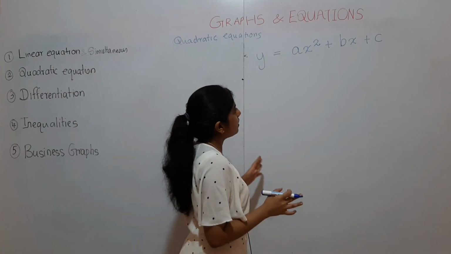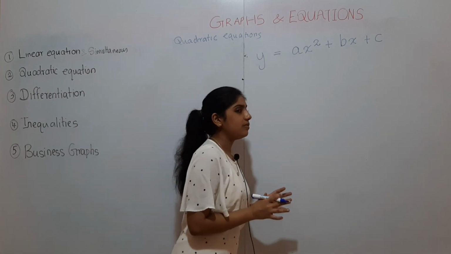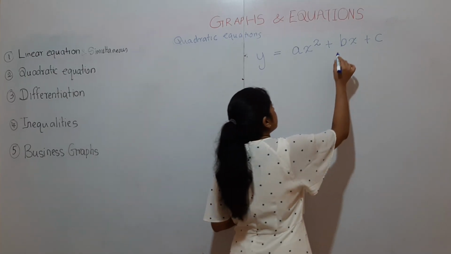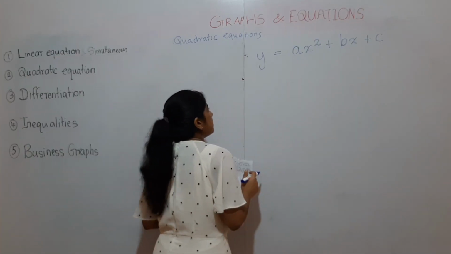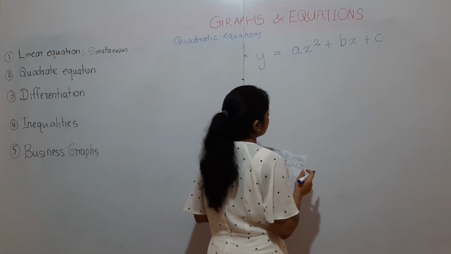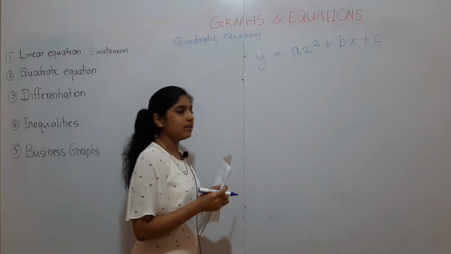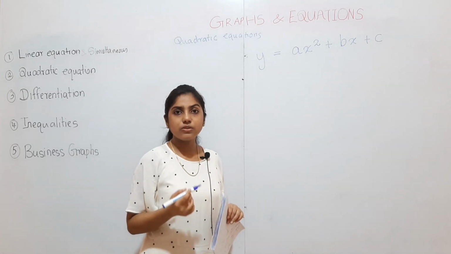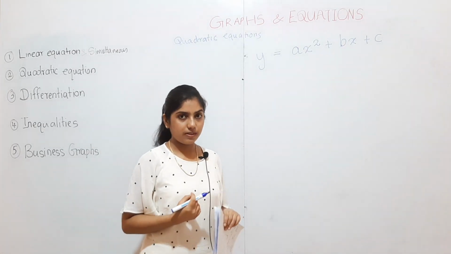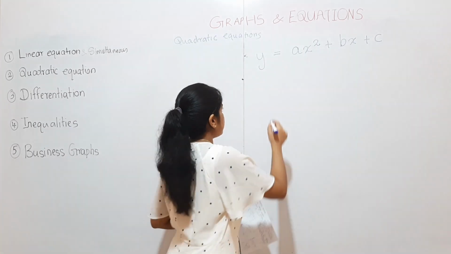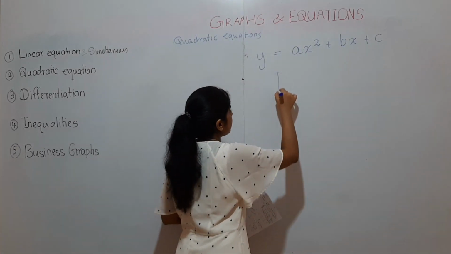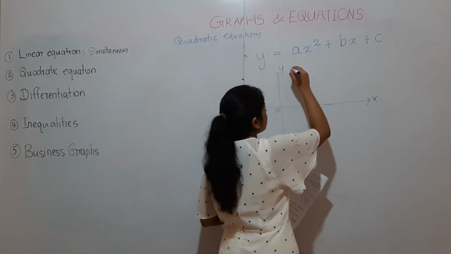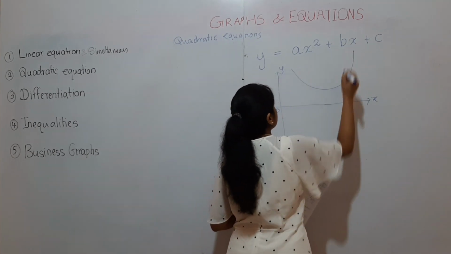The gradient here is a different story. I will tell you all how to find it. Now you can't say this is the gradient or this is the gradient. I'll tell you why. First, let's understand how this equation's curve or graph can be drawn. So in your graph paper, one type is it can come like this.